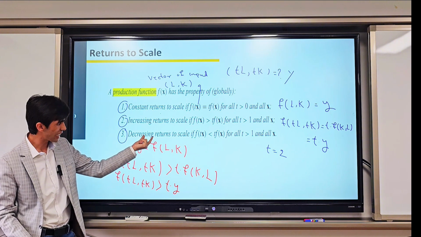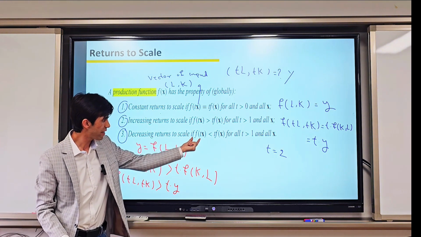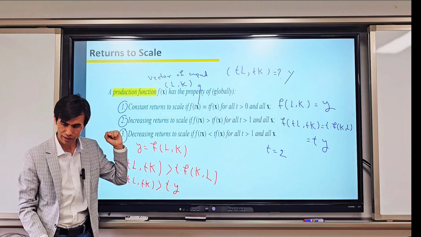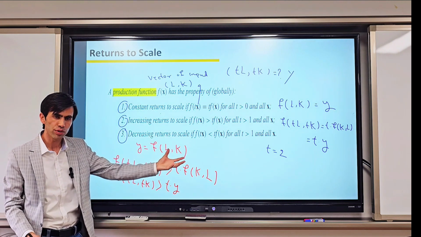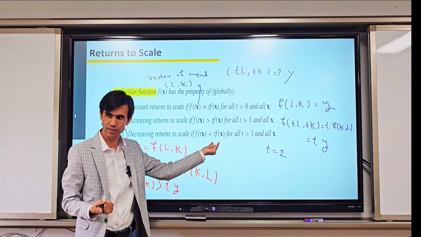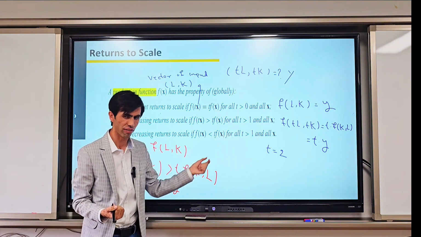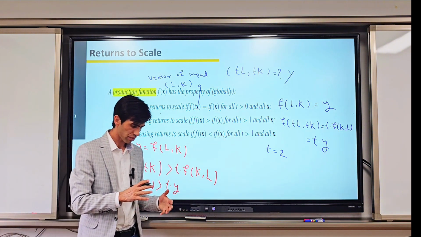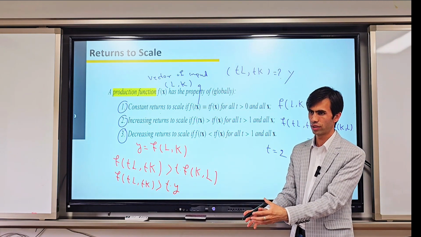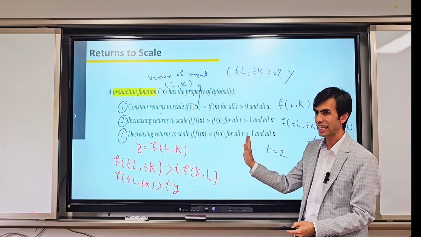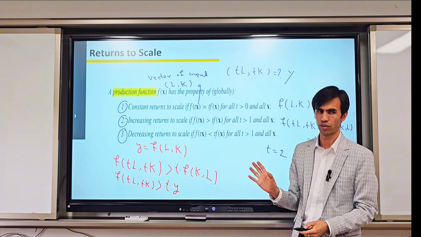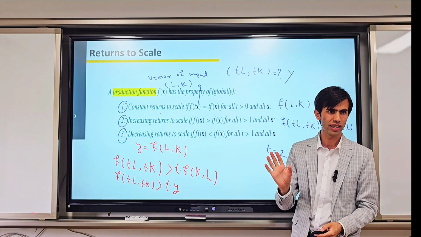But in the case of decreasing return to scale, if we scale up all inputs, but the new output that we get from the scaling is less than t multiplied by f of x, that means intuitively, when we are doubling our input, our output increased by less than double.